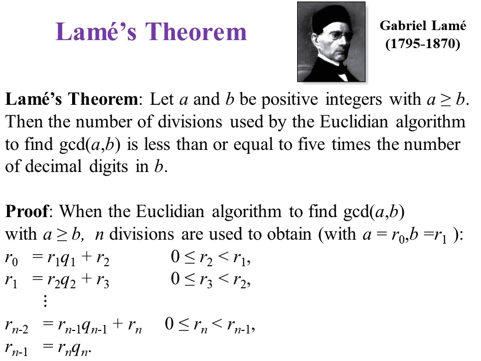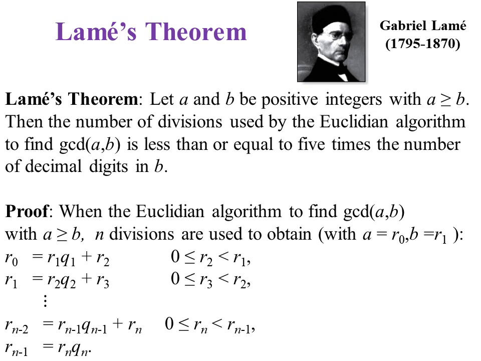R0 is equal to R1 into Q1 plus R2. That is, R0 is expressed as Q1 times R1 plus R2. So here R2 is the remainder. So R2 lies between 0 and R1 minus 1. It can't be equal to R1.